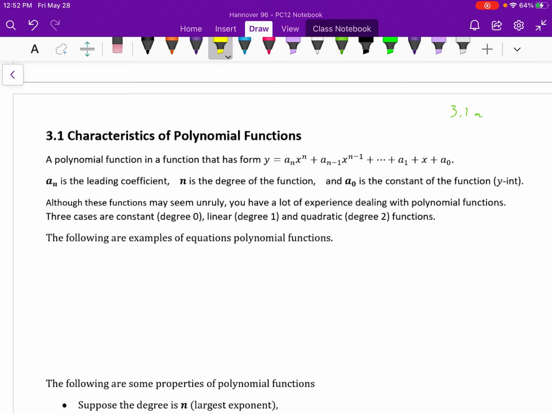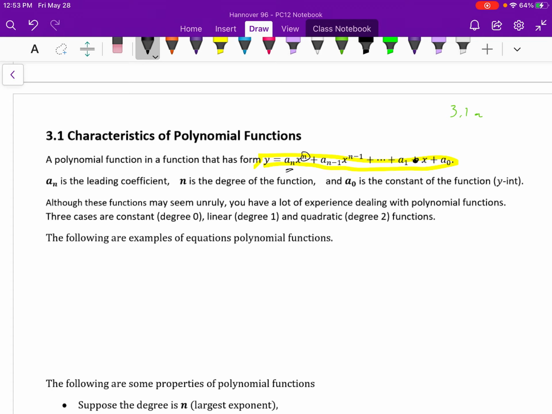A polynomial function can be written in the form y is equal to a_n x to the power of n, plus a_(n-1) x to the power of n minus 1, plus dot, dot, dot, all the way to a_1 x plus a_0. Now, a_n is known as the leading coefficient. n is known as the degree of the function.